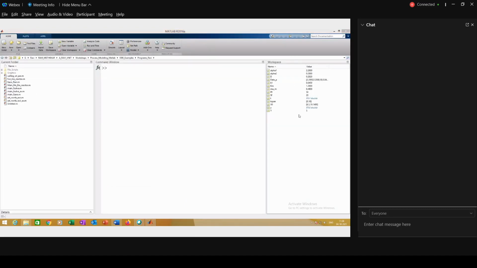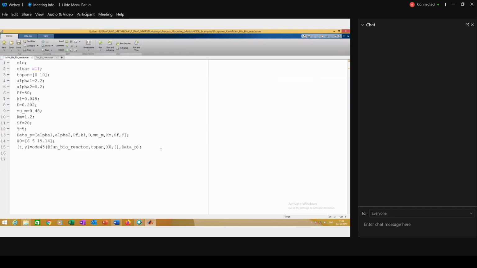I got small t. I got small y. So this function was running. Let's plot this now. I can plot it in a subplot. So subplot 3, 1, 1 I would like to plot.